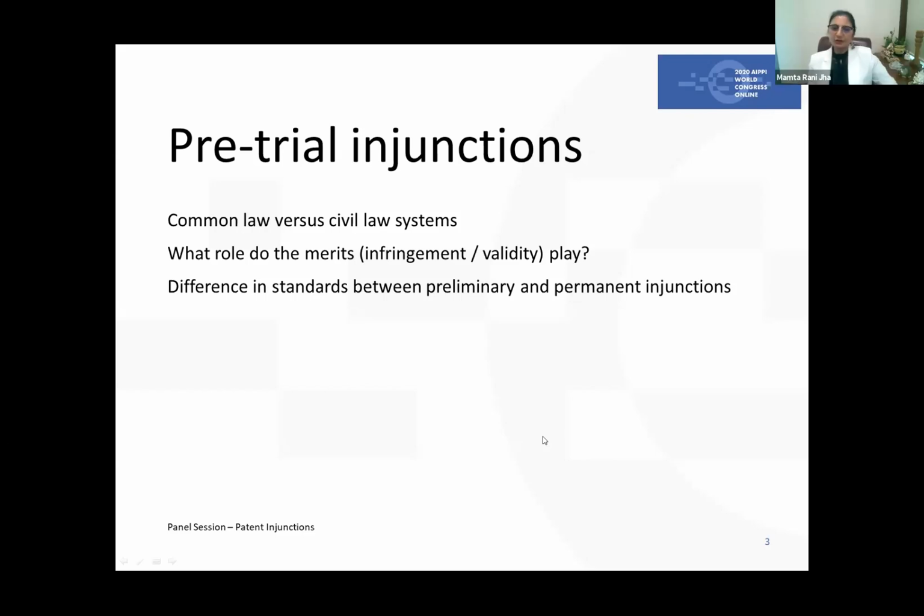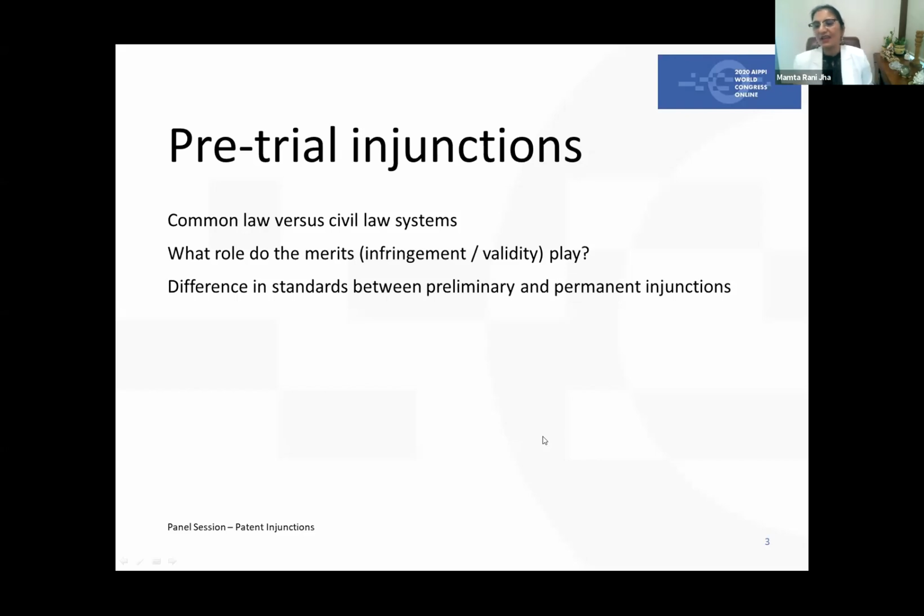Yeah, so thank you, Koen. In India, I would say it's a hybrid of what Claudia and Zoe said. At a PI stage, the threshold is to establish that you have a prima facie case for a patentee, and for a defendant, that there is a credible challenge to the validity.